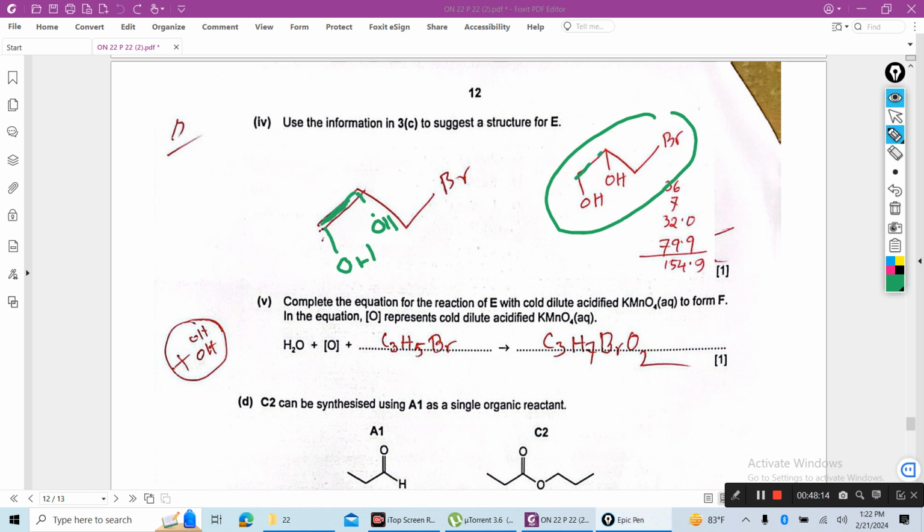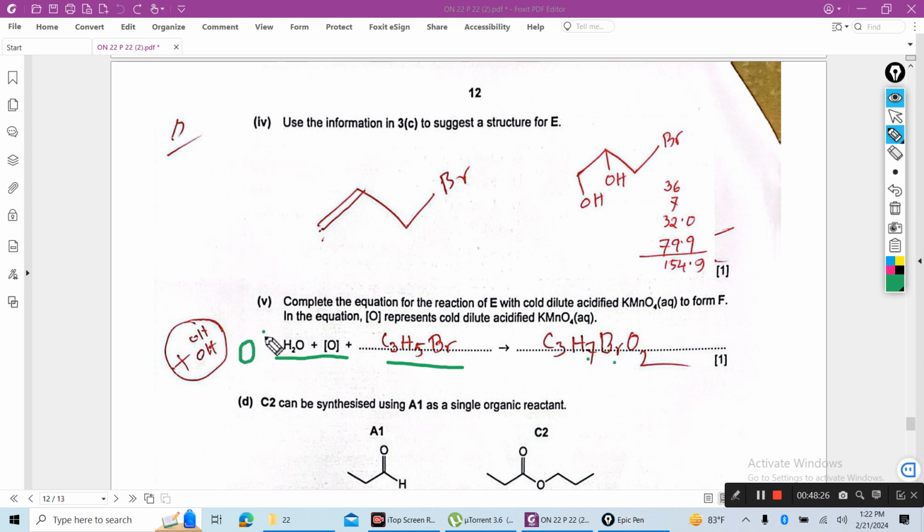This gives C3H7BrO2, because 2 hydroxyl groups will be added. So 2 oxygen and 2 hydrogen will be added. Here it is C3H5, so 2 hydrogen increases, H7, Br and 2 oxygen, O2. This is the equation.